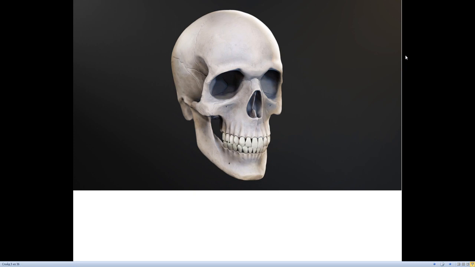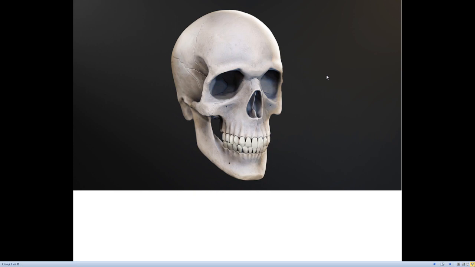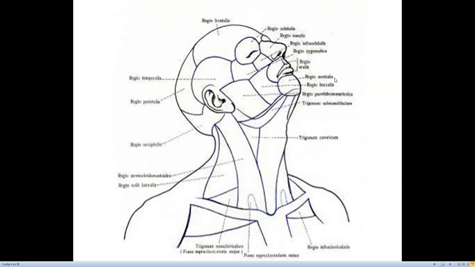In the cerebral part of the head, the neural part, we can distinguish the calvaria and the base. The calvaria includes the fronto-parieto-occipital region, which is unpaired.